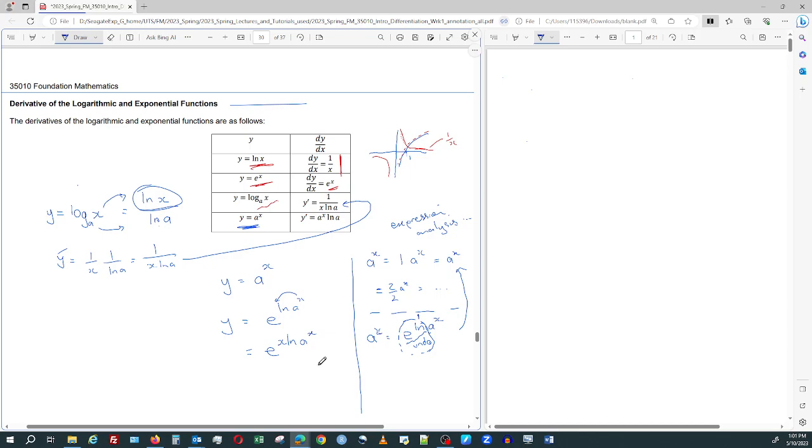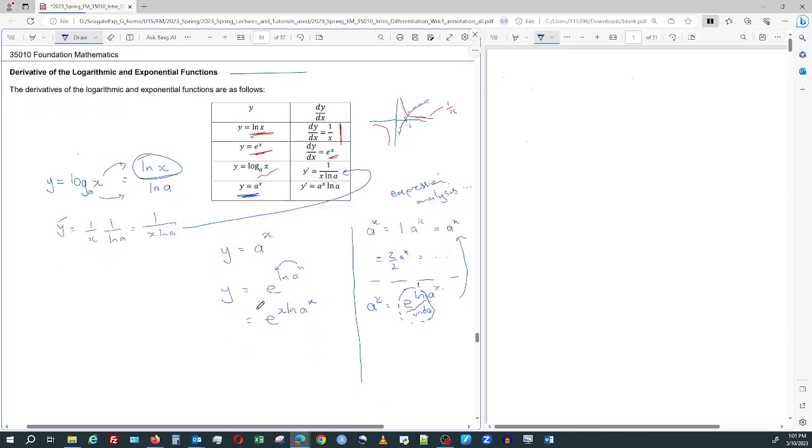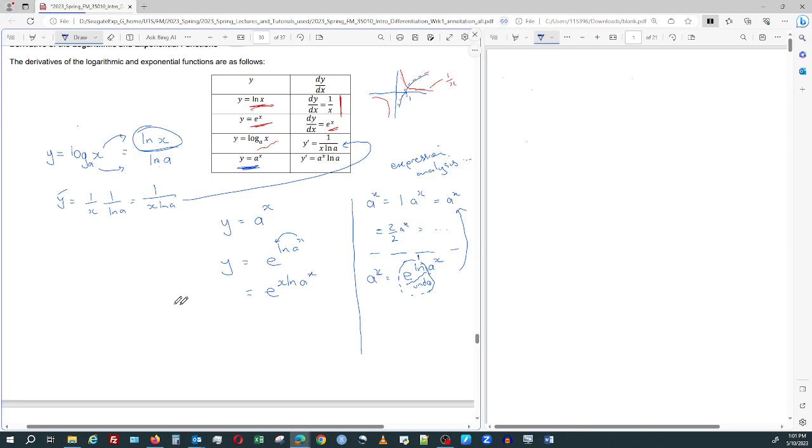That's now ready for differentiation. So how would we go about differentiating that? Well, this is a u substitution. So we would have to let u equal x times the ln of a, and then we could rewrite this as y equals e to the u.